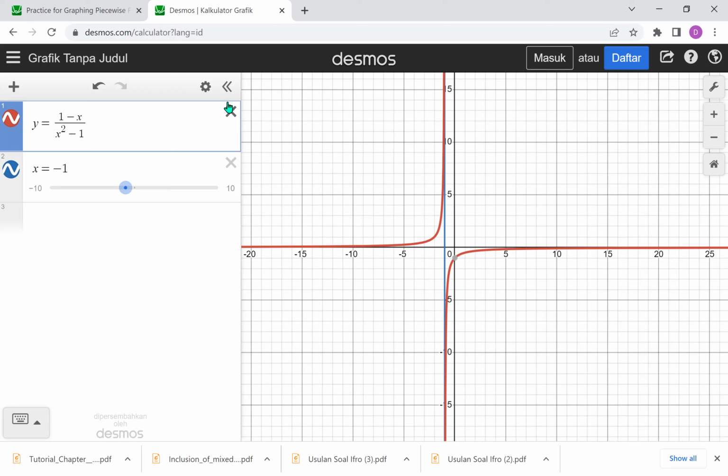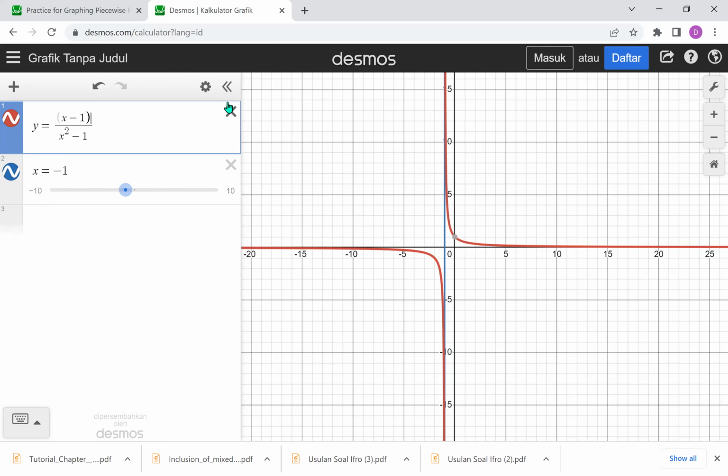But to verify the existence of the vertical asymptote, we only need to calculate one of these two limits, either the left-hand limit or the right-hand limit.